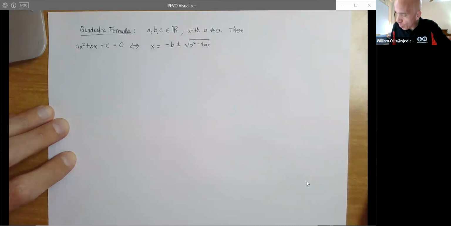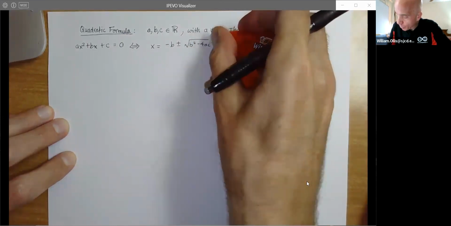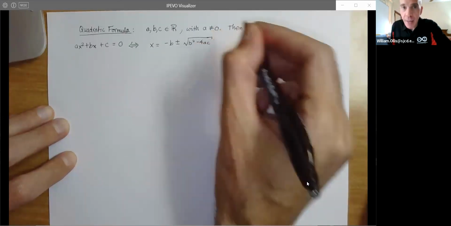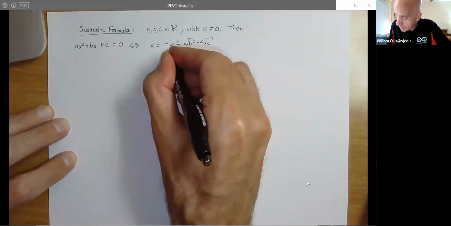Let me get a little bit more room on my radical.